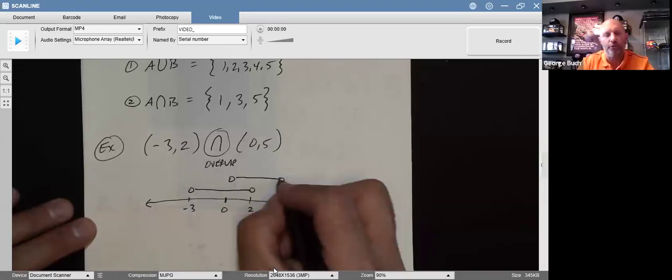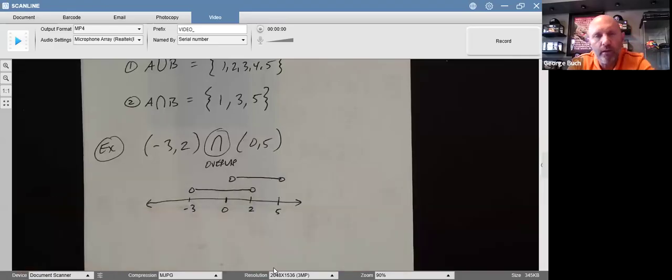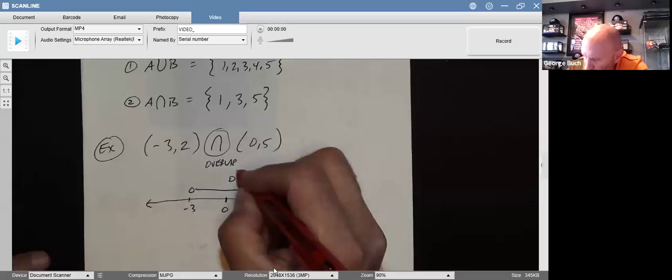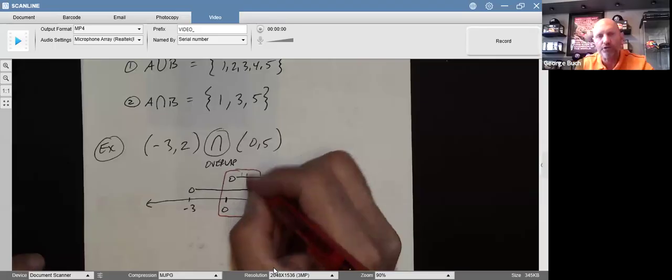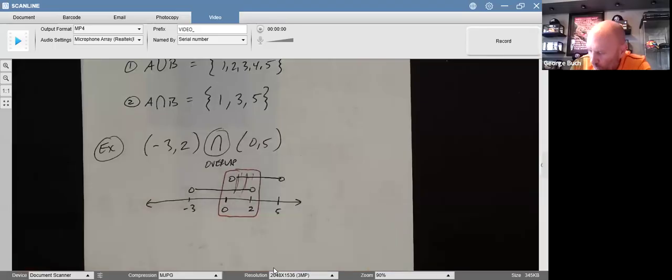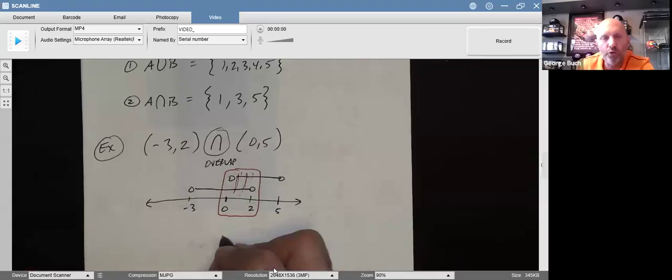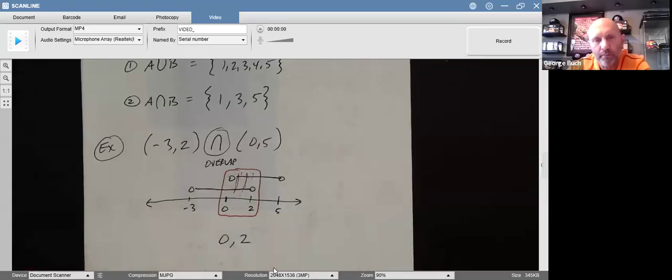So I get that picture. Now, because I'm looking for intersection, I want the overlap. So the overlap is happening where? It's happening right here. This is where my overlap is, all of that section there. So it's going from 0 to 2 is the overlap.